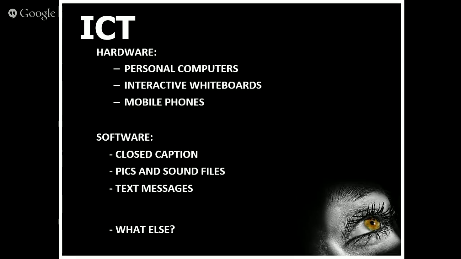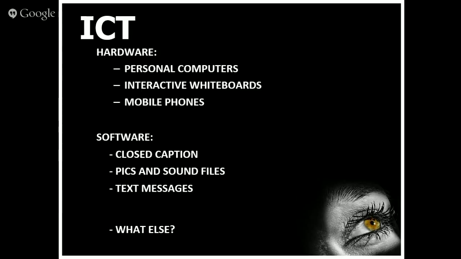You could classify ICT in two big groups: hardware and software. In terms of hardware, I'm talking about gadgets, personal computers, the stuff you can touch, right? Mobile phones, tablets, all of those gadgets, all of those objects, are classified into the hardware group.